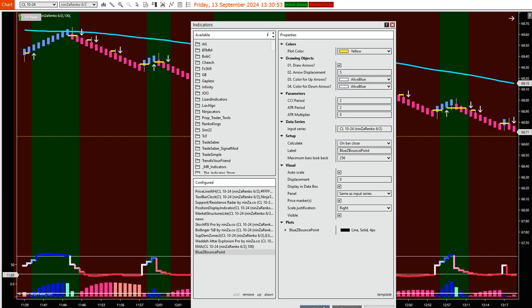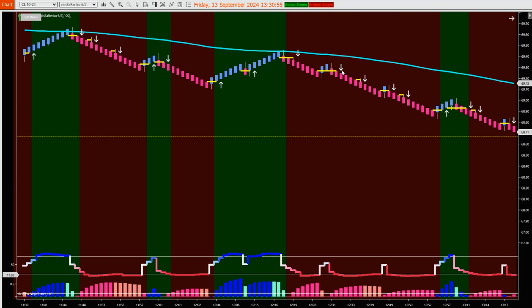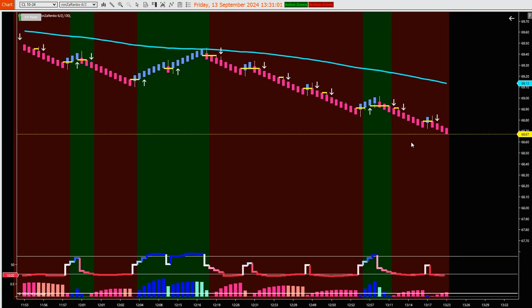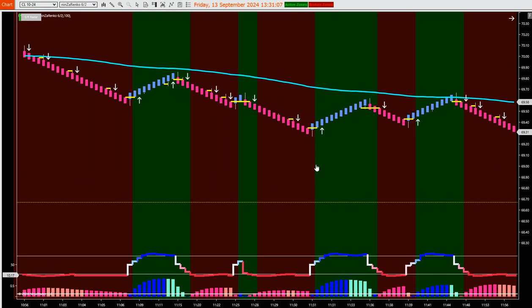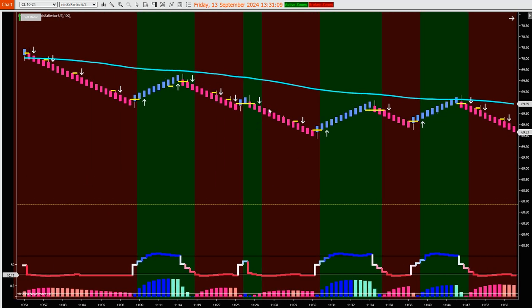So let's look here. Even if you did the arrows with the 100 EMA, it would still work out just fine. Let's see if we can find a loser here if we're just obeying the EMA. You would have taken a little bit of heat right there.